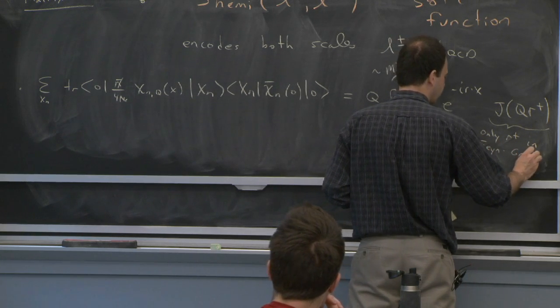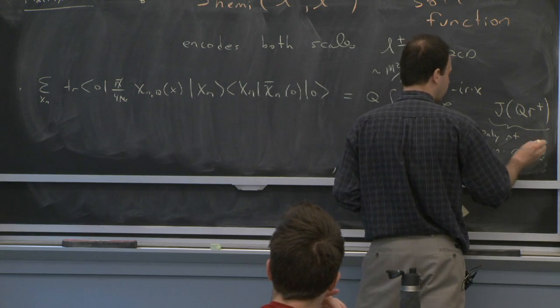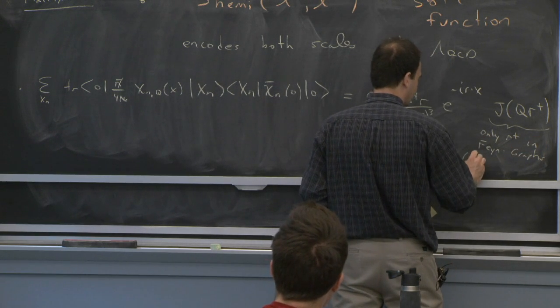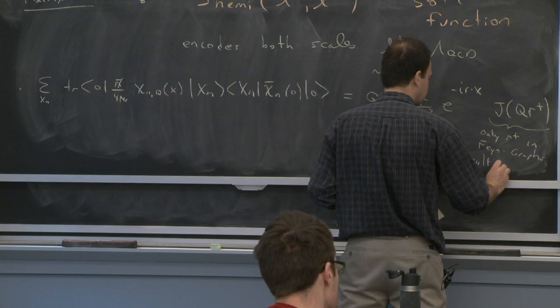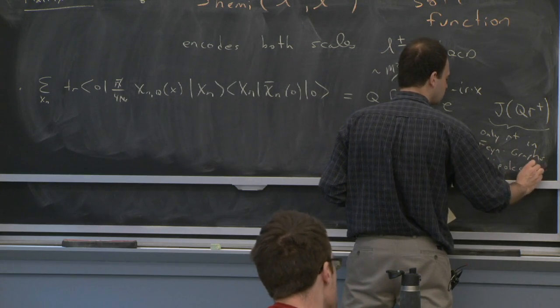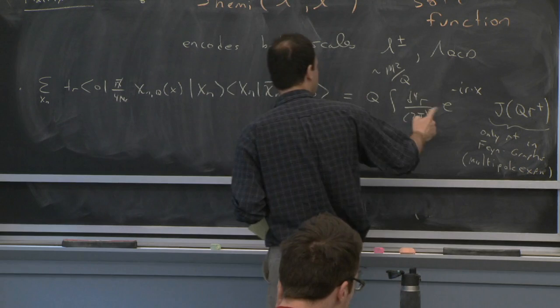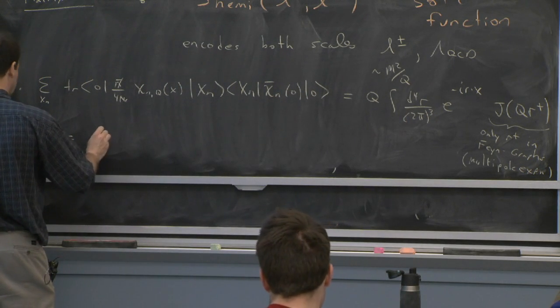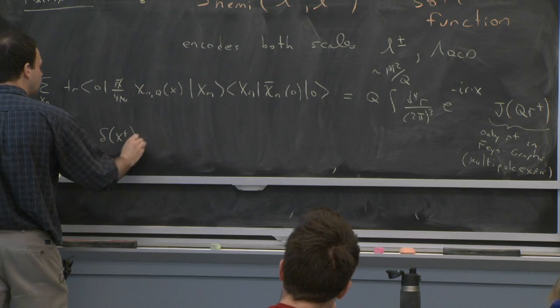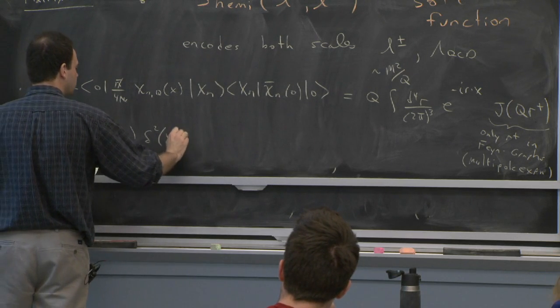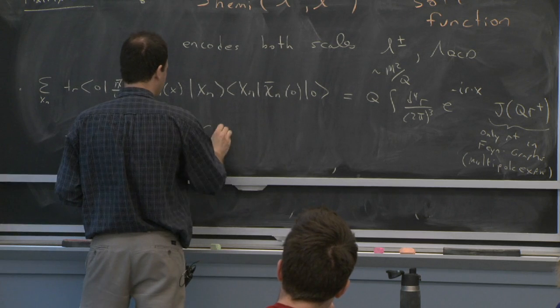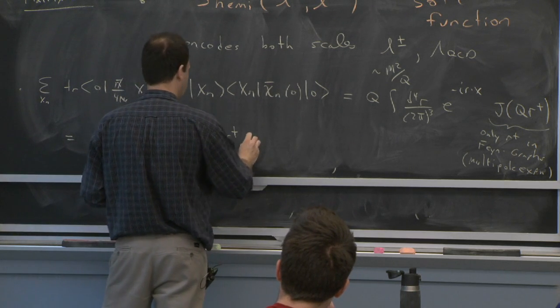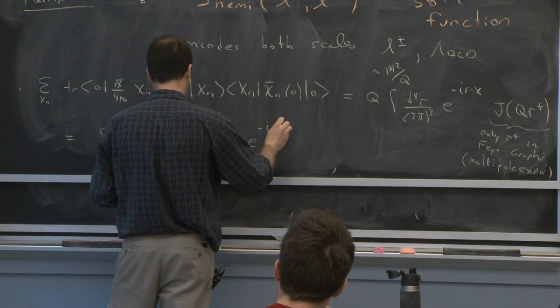You can think about it from the Feynman graphs, but it's really a general property from the multipole expansion. So that means that some of these integrals here are just trivial and give me a delta function. So I'm getting delta functions in some directions because of the multipole expansion in this formula.